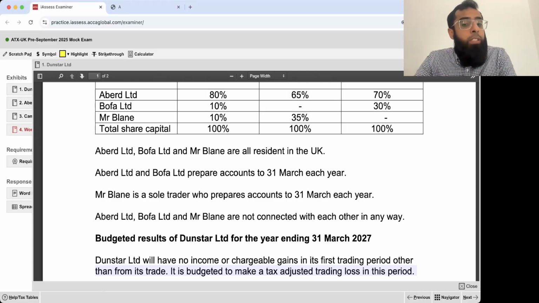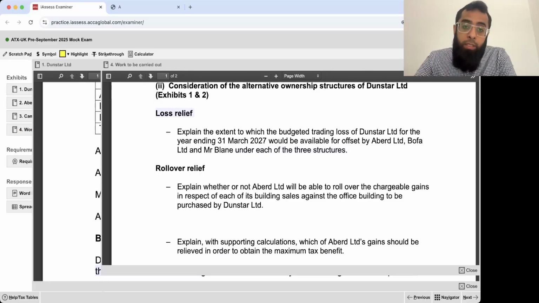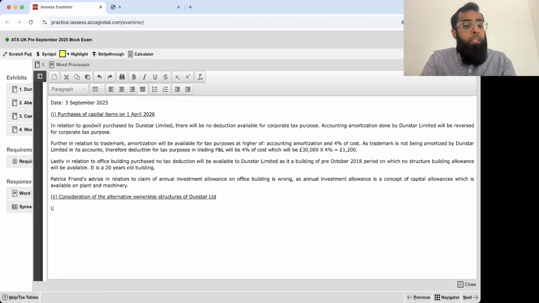So the first question he's asking is about the loss relief. Okay, let's deal with it hand in hand. It's very easy. Loss relief.